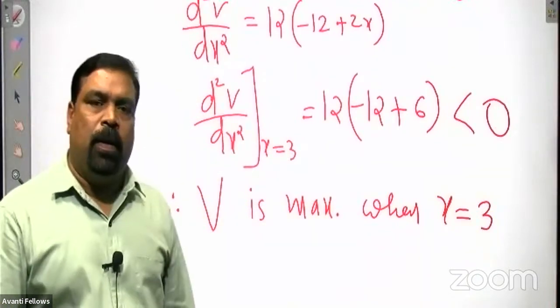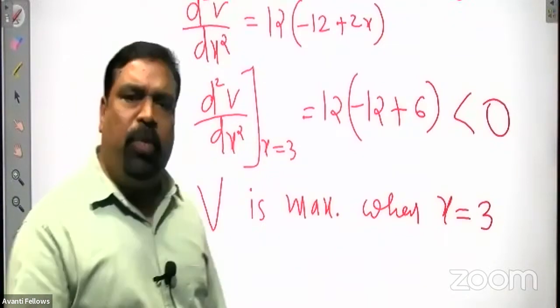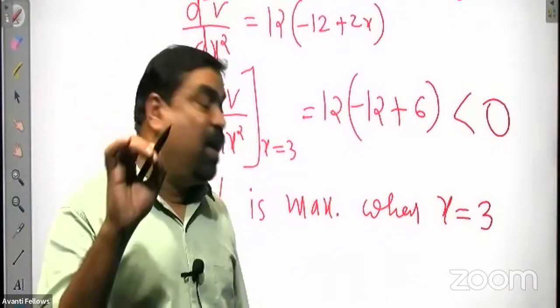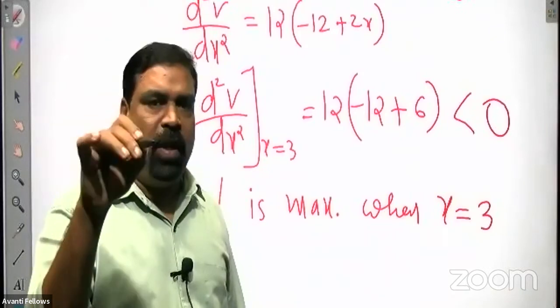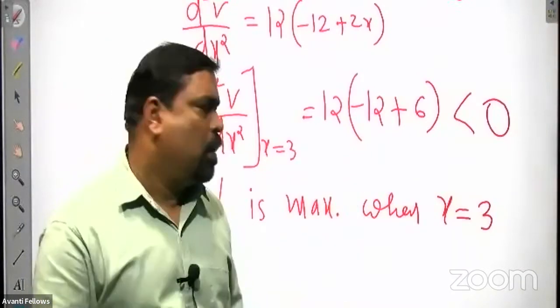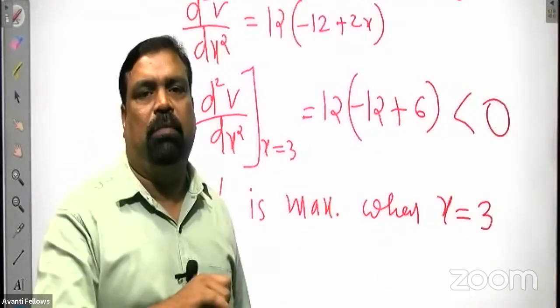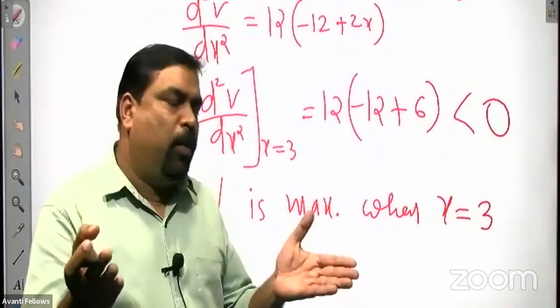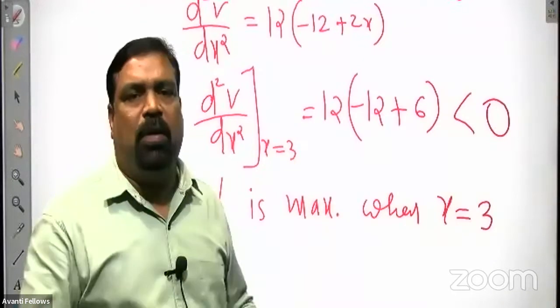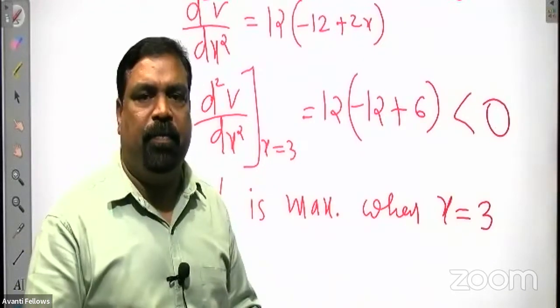So we have to remove a square piece of side 3 units from each corner. If it is centimeter, it means 3 centimeter; meter means 3 meter. So that the volume of that box will be maximum.